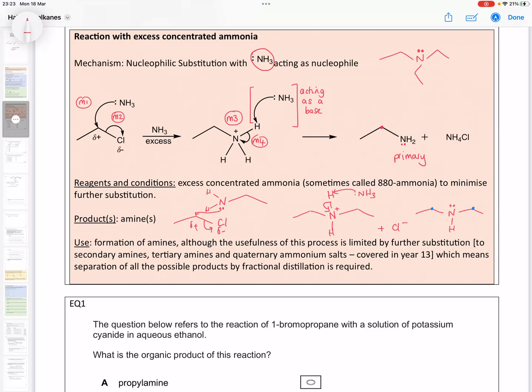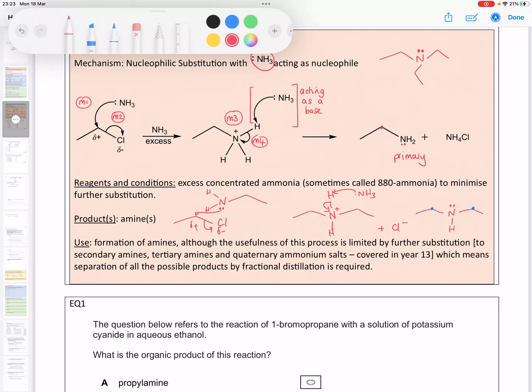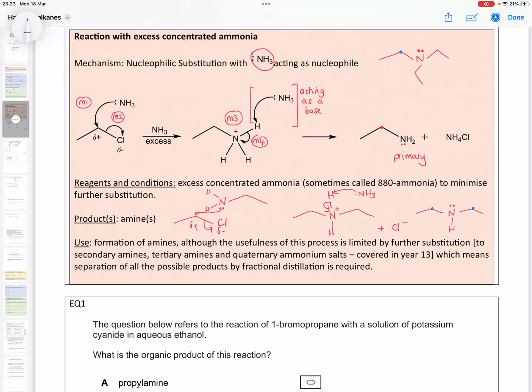And now this is a nitrogen atom which is bonded to 3 carbon atoms. And so this is called a tertiary amine. Now the quick-witted amongst you might have noticed that this tertiary amine also has a lone pair, so it can act as a nucleophile.